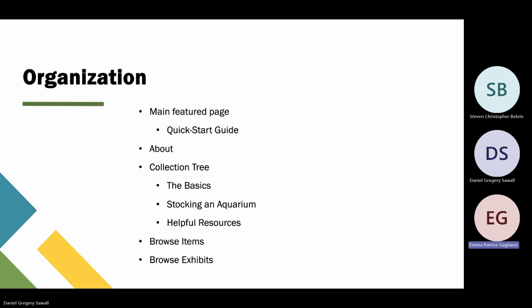The items that we added were divided up amongst the three. And then lastly, we have browse items and browse exhibits, which allows users to look at all of our items as a whole rather than have them be sorted by the different collections.